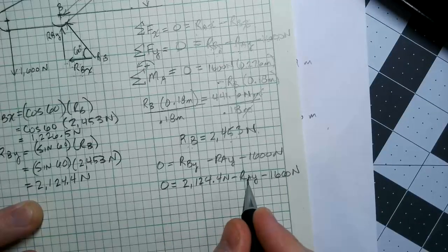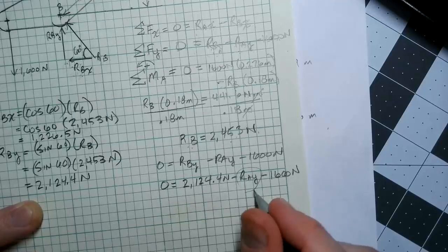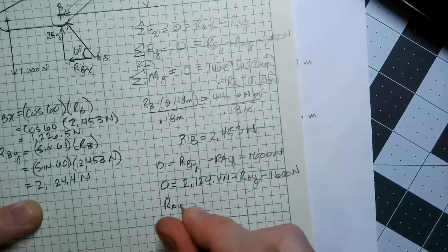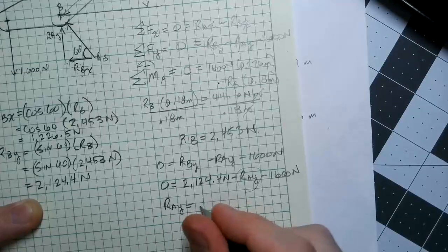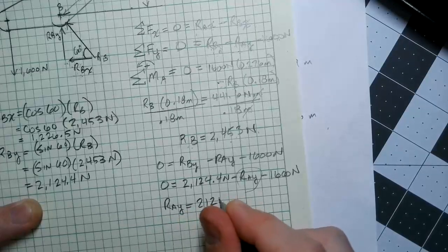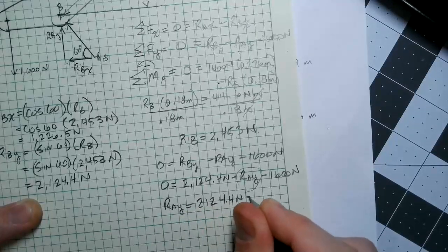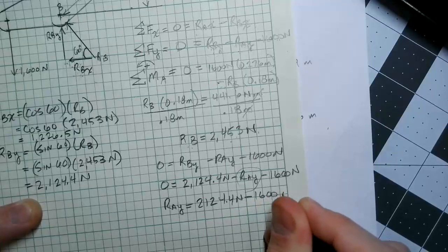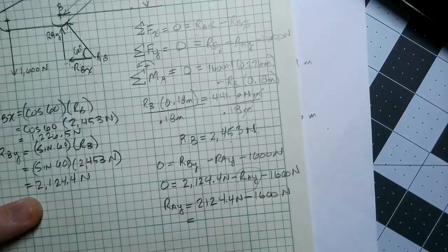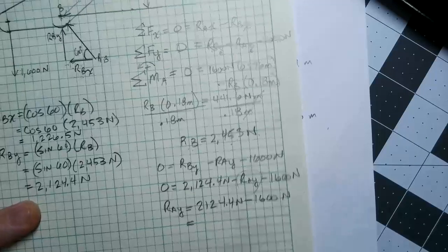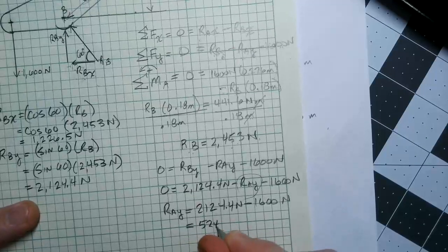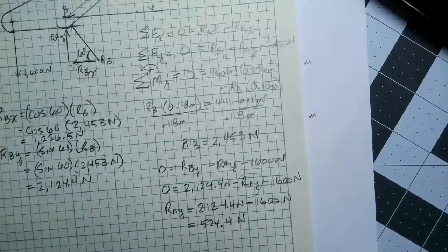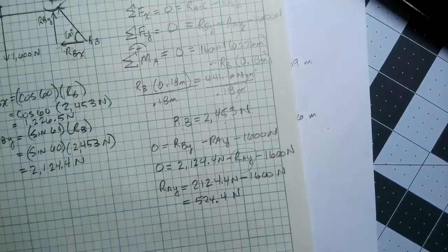So we can take the RAY and move it to the left side, effectively adding it to both sides. That's going to equal 2,124.4 newtons minus 1600 newtons. And RAY, of course, then equals 524.4 newtons.